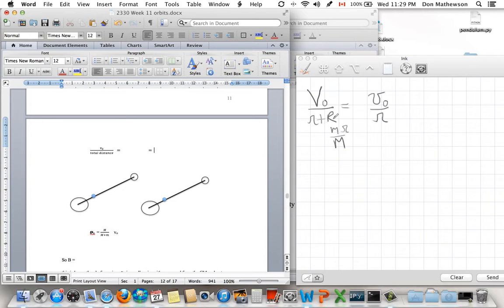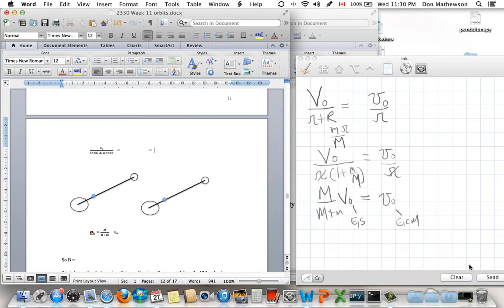And then I can rearrange this, and okay, we'll pull out the script r, and then we're going to have 1 plus little m over big M, and this is v naught over script r, so the script r cancels, and if we rearrange this, put it over a common denominator, it will be big M over big M plus little m times the velocity of the Earth relative to Sun.